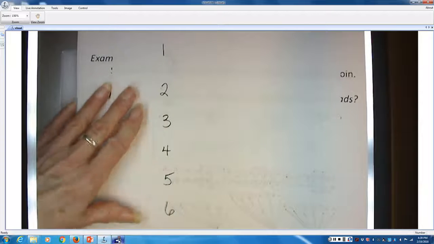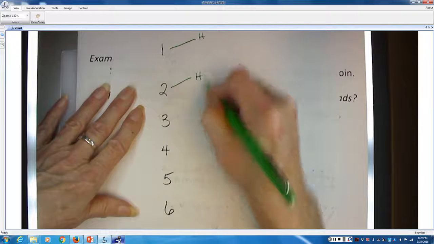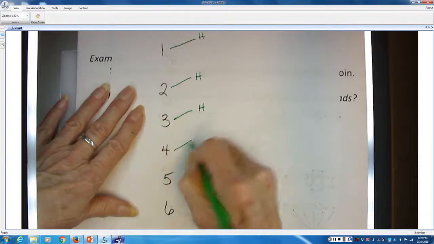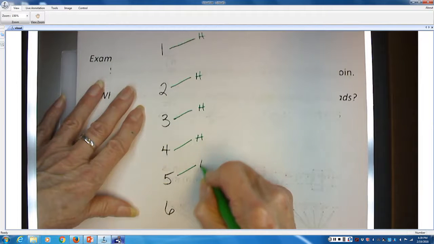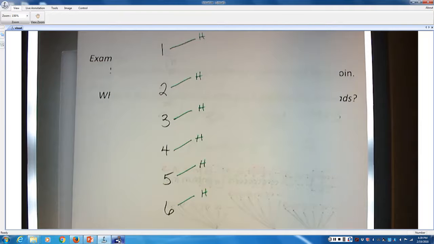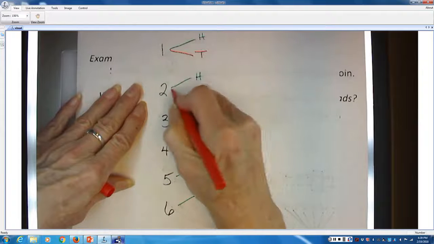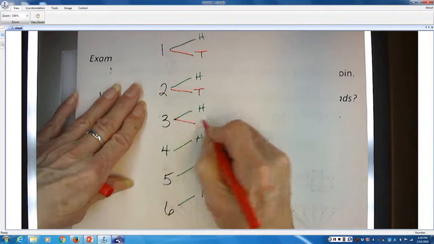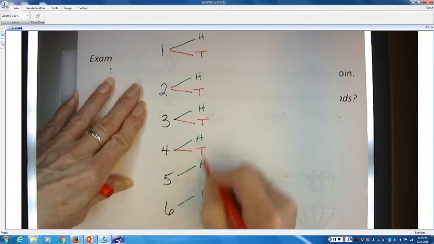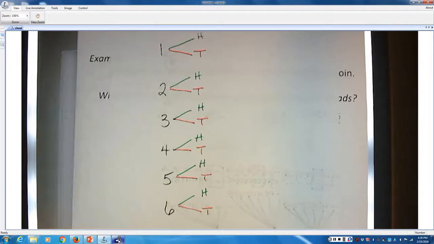Okay, now I'm going to flip a coin. So here are all the different outcomes that we could have.